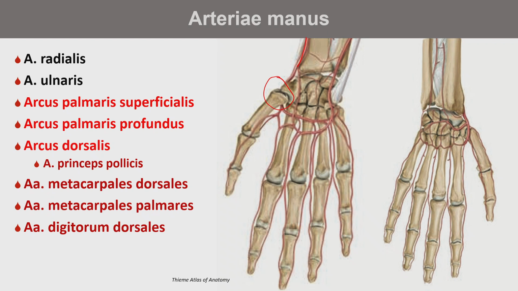It turns to the dorsal part and then goes back to the volar part of the wrist, forming the deep arterial arch, which is called arcus palmaris profundus, the deep palmar arch. So the radial artery mainly supplies this deep arch and also the dorsal part, because from the dorsal part there is an arch which is also supplied from this dorsal course of the radial artery.